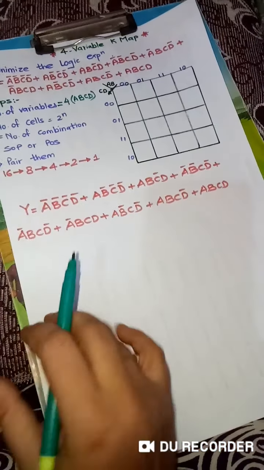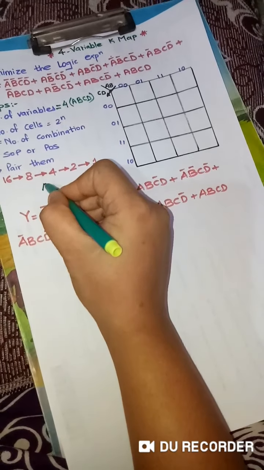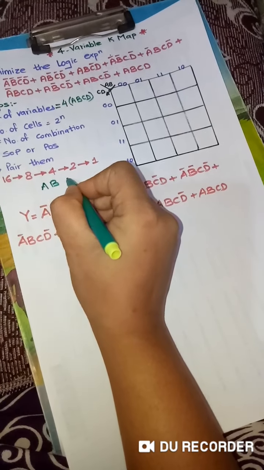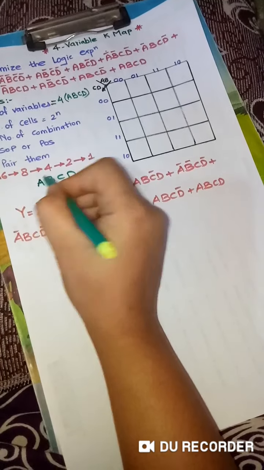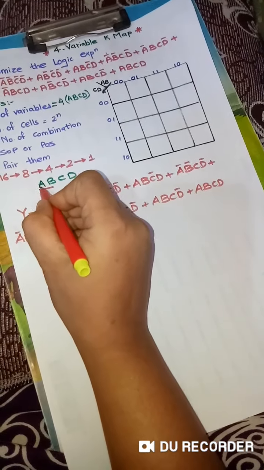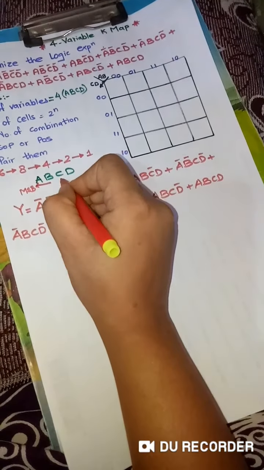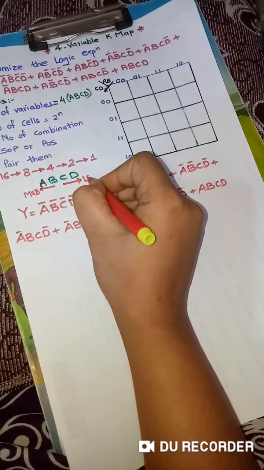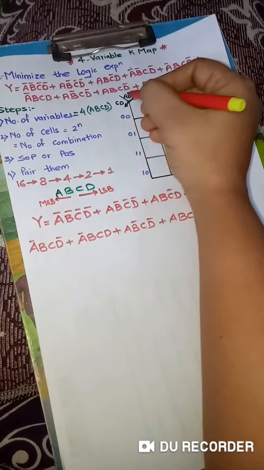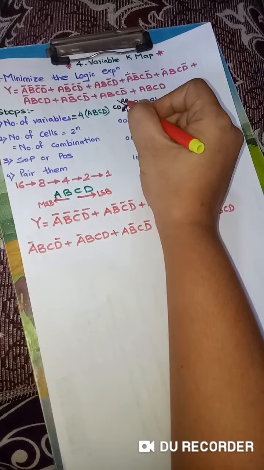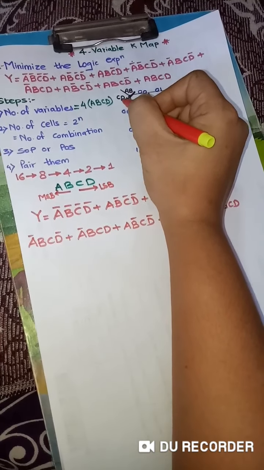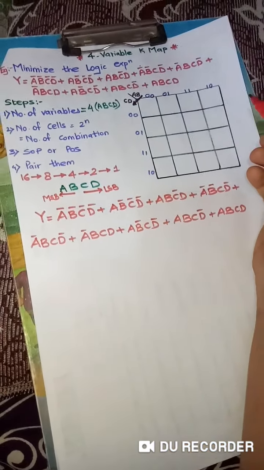Of these, A and B go for the MSB, the most significant bit, and C and D are the LSB, the least significant bit. Here the arrow shows AB as the most significant bit and CD as the least significant bit.